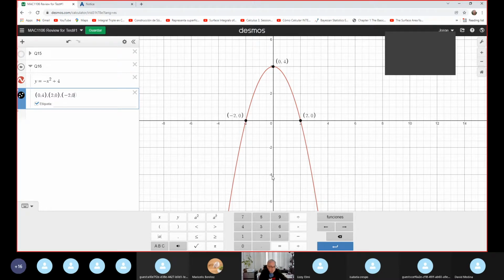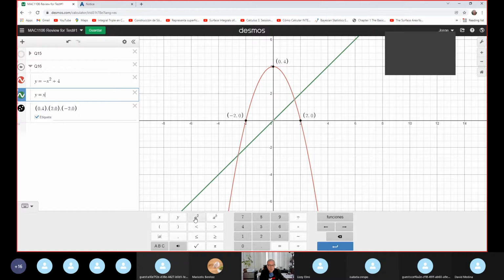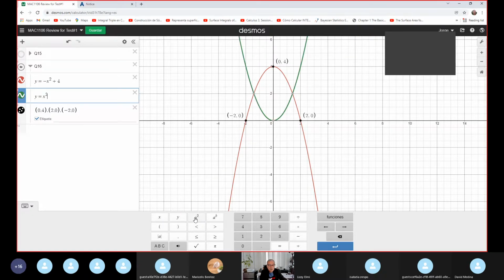If you want, let's do it more. Why not? So suppose this belongs to the family of parabolas y equal x squared. I'm using a different color because this is a family, but not exactly.